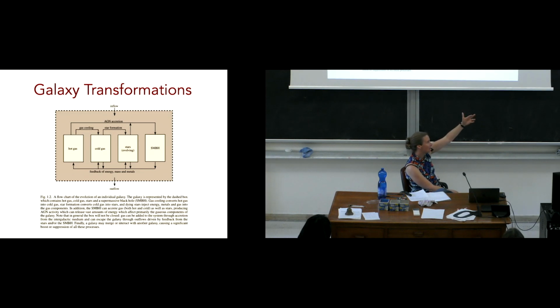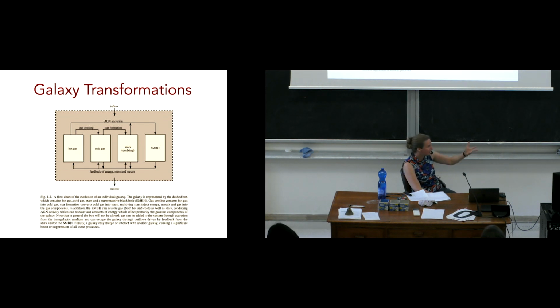So it starts out, of course, with material flowing in initially, starting out in the hot gas phase. Then through cooling, we get to cold gas. That's mostly what we talked about yesterday, and how that moves out to larger and larger radii, providing more cold gas for stars to form.